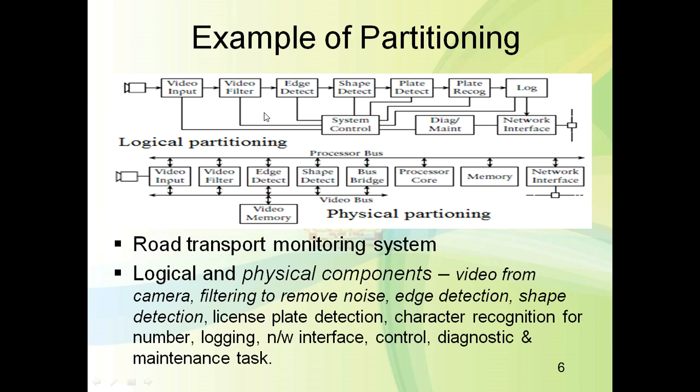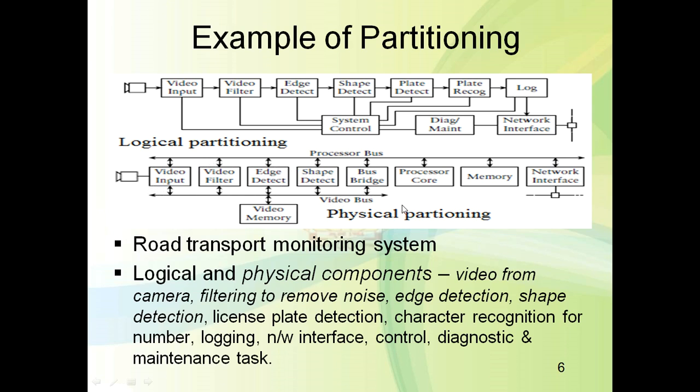Now that logical part will be implemented, so we require the physical partitioning. Physical partitioning will have both hardware and software parts. Here you can see we require the camera, video input, video filter, edge detection circuitry, shape detection circuitry, and bus bridge circuitry. These components will be the hardware part.